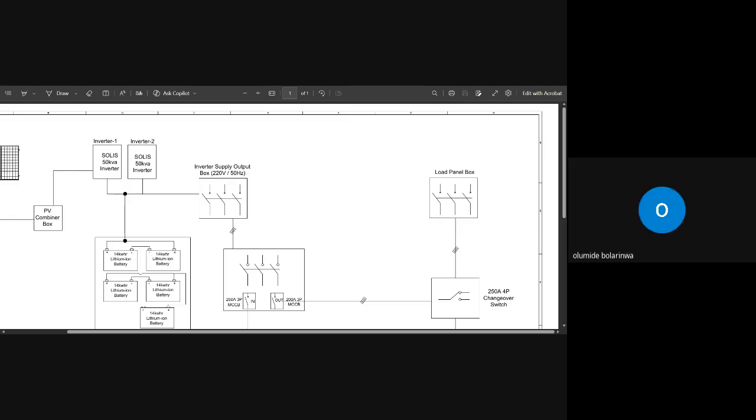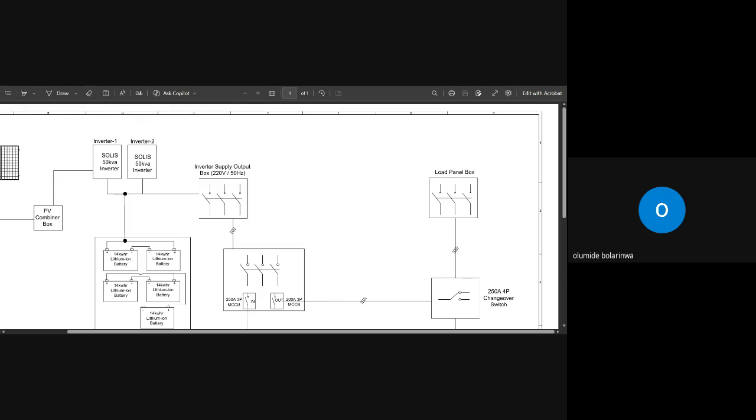Can you all see the picture in the group? Yes, sir. So, what can you see? We have our 50 inverter system, two big batteries at the top.